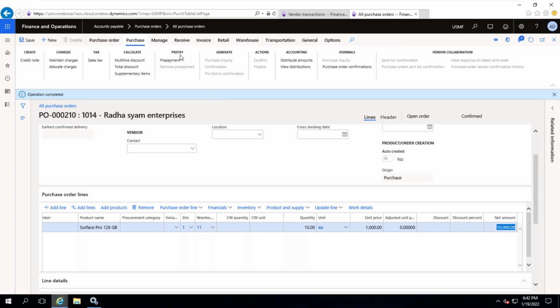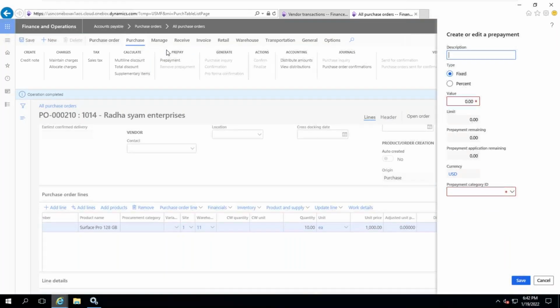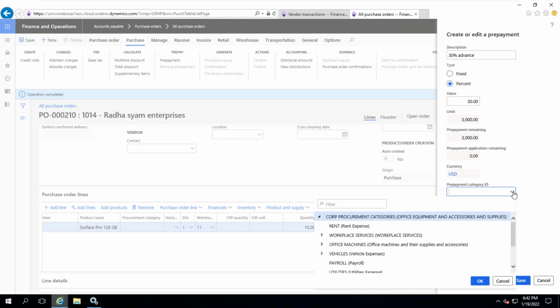You click on the purchase tab, prepay area page, prepayment button, 30% advance. I have entered 30% as the percentage. Then we select the category item.